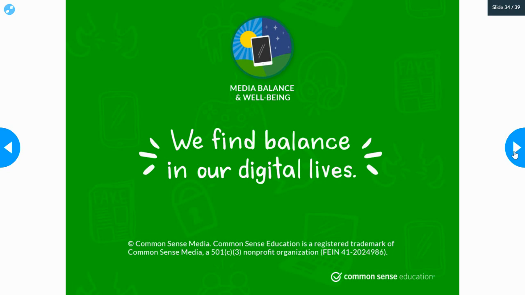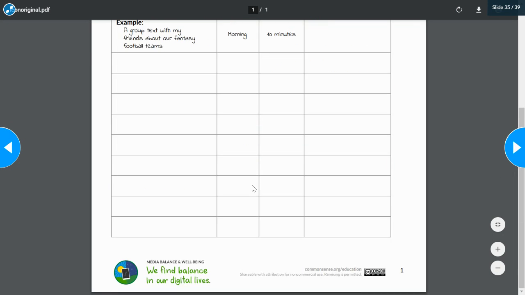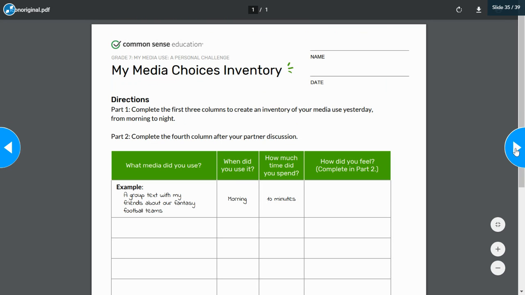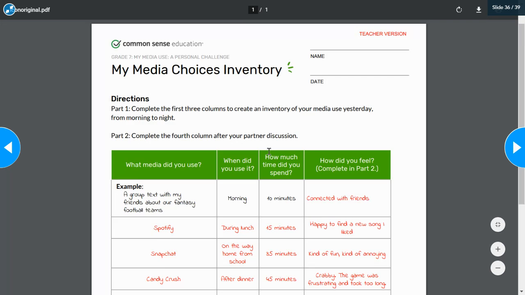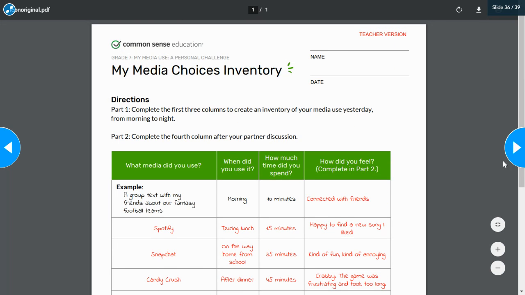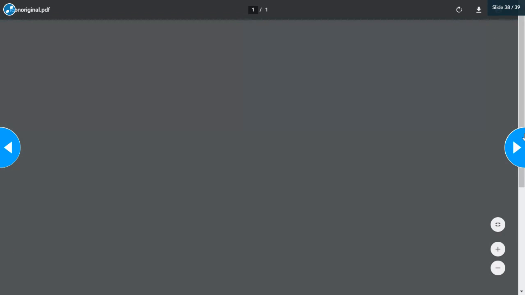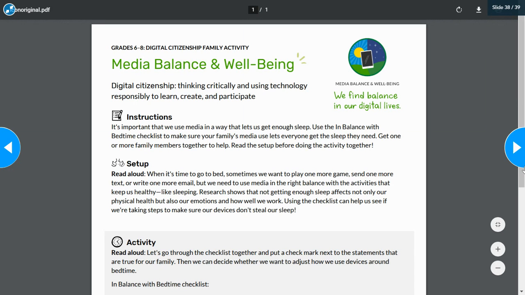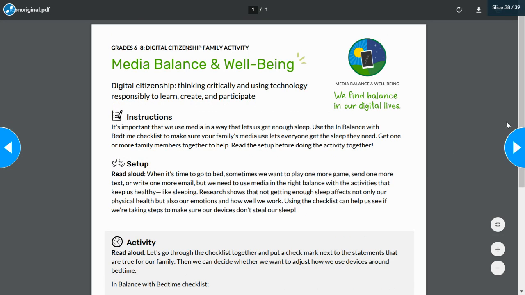Okay, so find a balance in our digital lives. So here are just resources. The rest of these pages are nothing but resources for you to be tracking your media choices. Here's an example. Sorry. And so, yeah, these are just things that you can do with your family and things that you can work with.